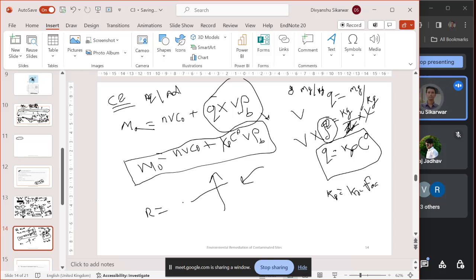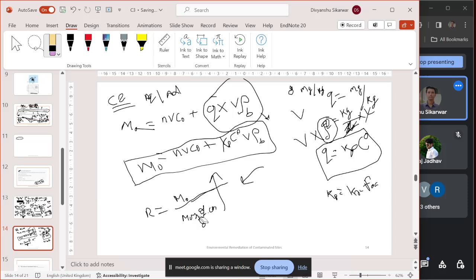The retardation factor can be calculated through a formula: m naught divided by the mass of contaminant in water, right? This is the formula.